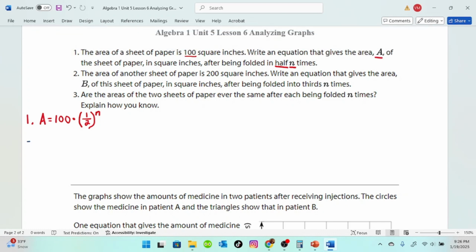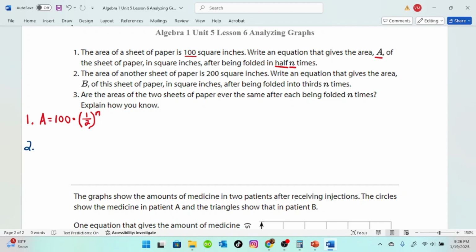Next, we have number 2. The area of another sheet of paper is 200 square inches. Write an equation that gives the area B of this sheet of paper in square inches after being folded into thirds n times.